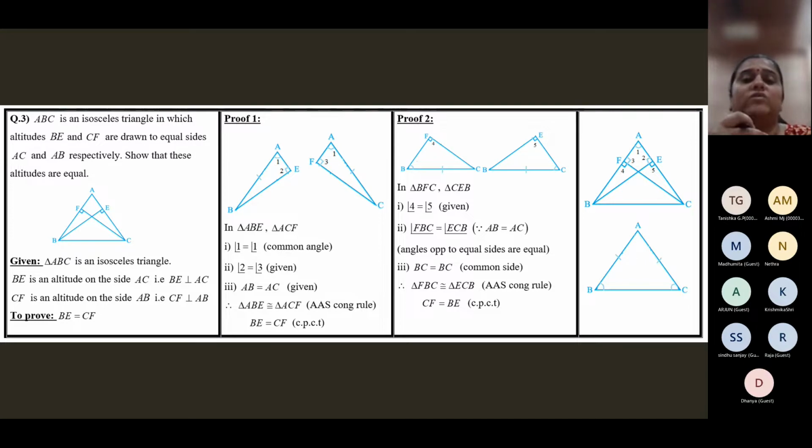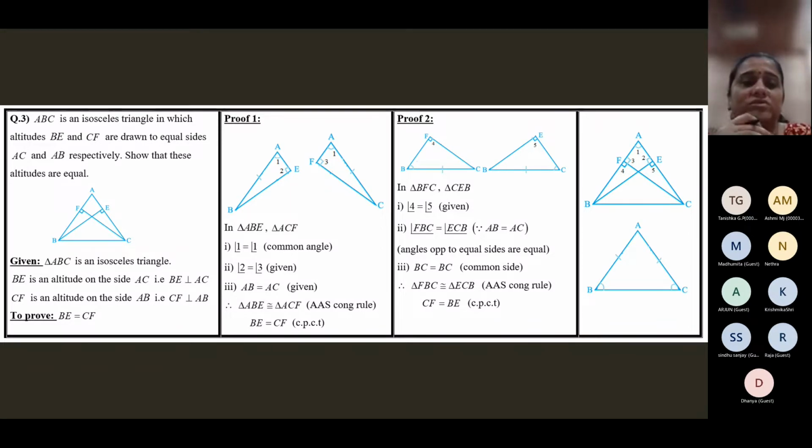We have to prove that they are equal altitudes, that BE is equal to the altitude CF. The sides are equal, AB is equal to AC. So when AB is equal to AC, we have to prove that the altitude on AB will be equal to the altitude on AC.